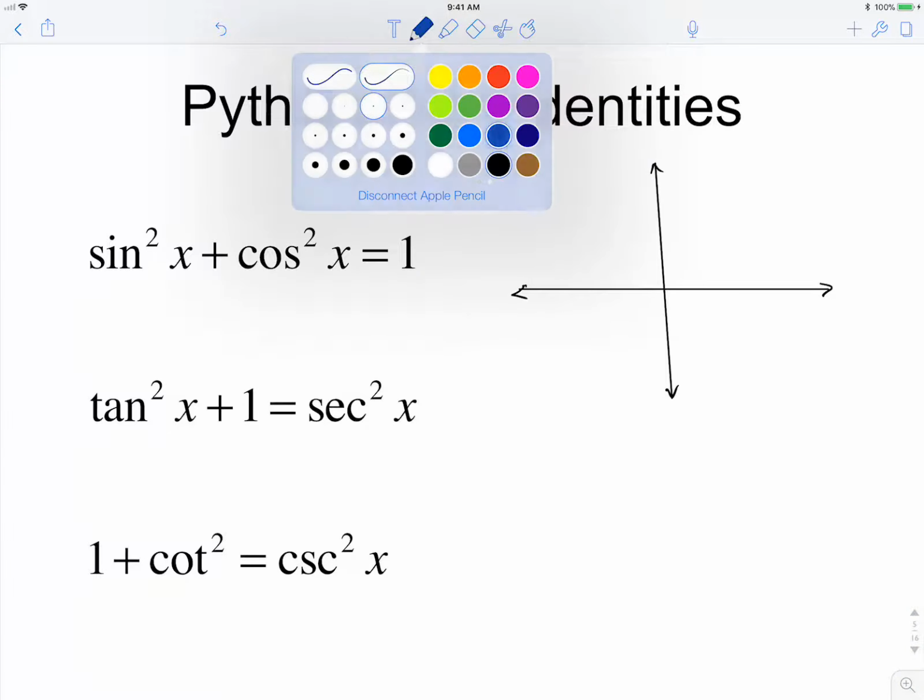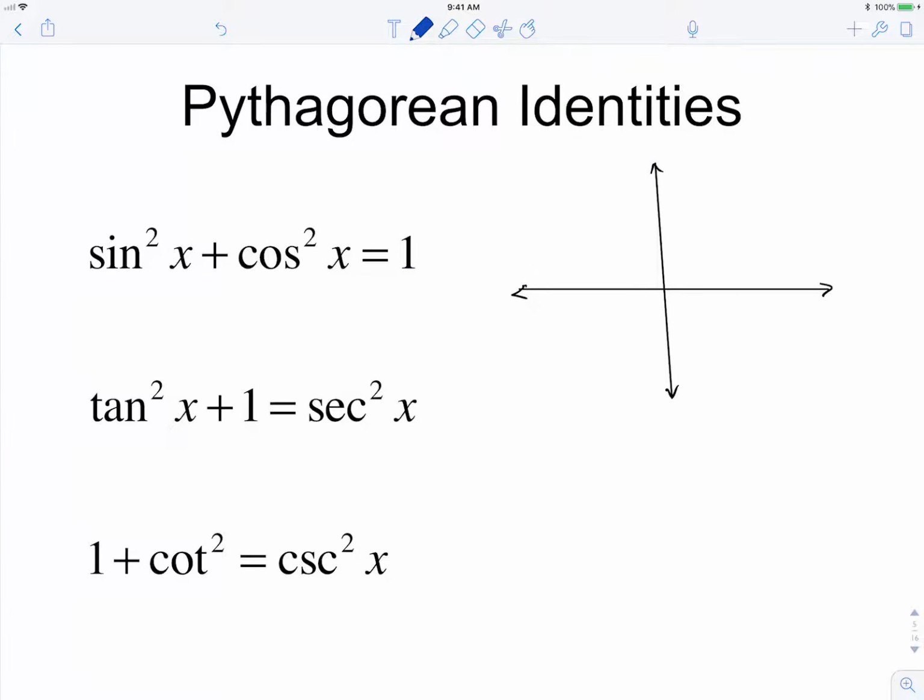I'll do my very best to try and draw a circle. Okay, so this is a unit circle, meaning this point will be 1, 0, this point will be 0, 1, negative 1, 0, and 0, negative 1.